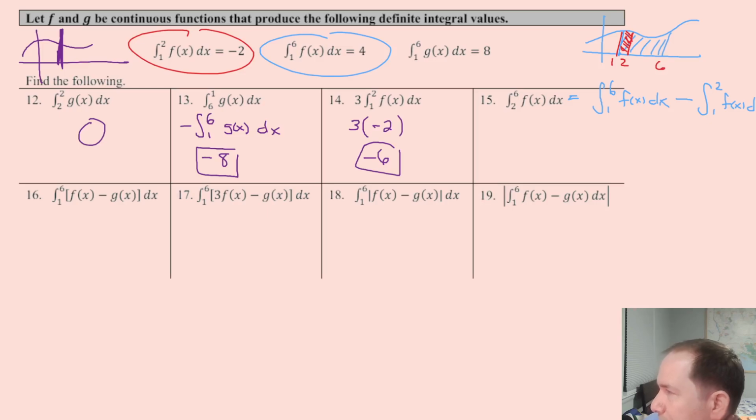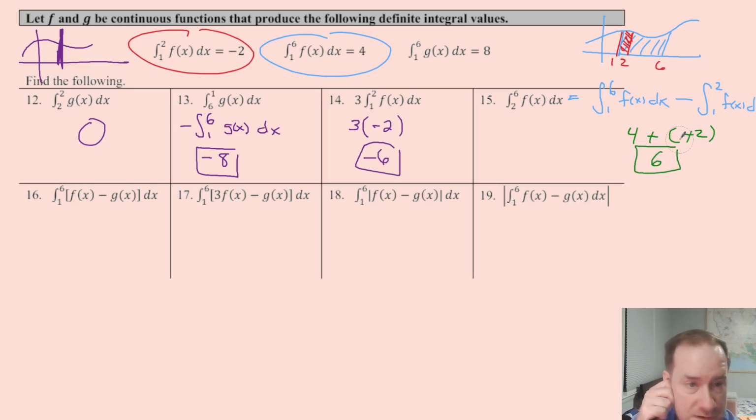So that's it. And it doesn't matter if these things are negative. The right rule for sure is to be subtracting. And then if we're subtracting a negative, then technically that'll add. But if the integral from 1 to 6 is 4, and I take away this chunk that's worth -2, then it's like I'm adding them, and I get a total area of 6. And I'm happy with that. That seems to be working.